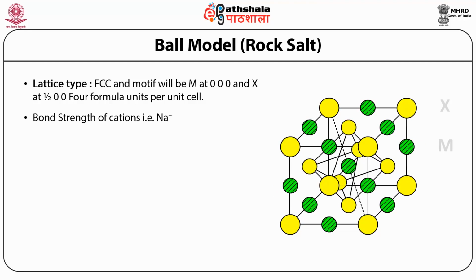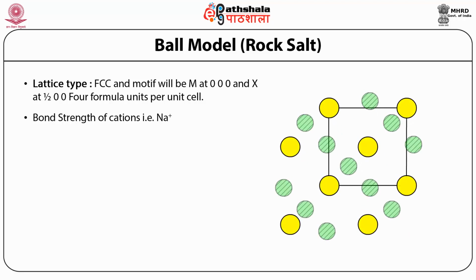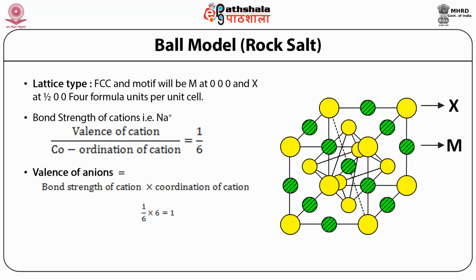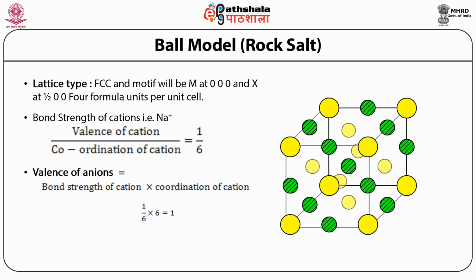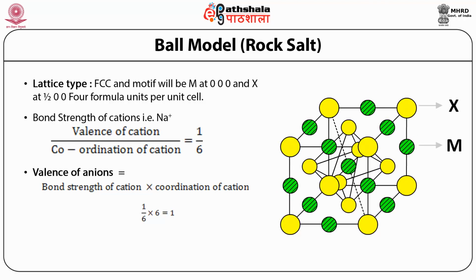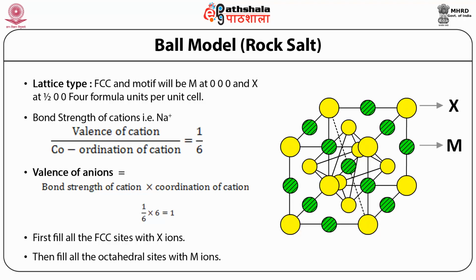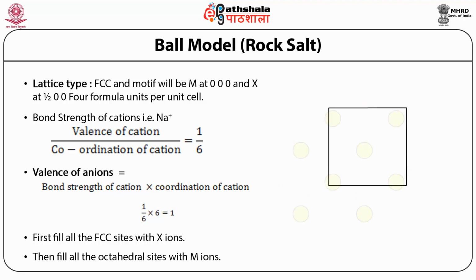So the bond strength of cations, for example Na+, is given by valence of cation divided by coordination of cation, which is equal to 1 by 6. Moreover, the valence of the anion is given as the bond strength of cation times the coordination of cation, which comes out to be 1 by 6 times 6, which is equal to 1. So first, fill all the FCC sites with X ions in case of rock salt, and then fill all the octahedral sites with the M ions.